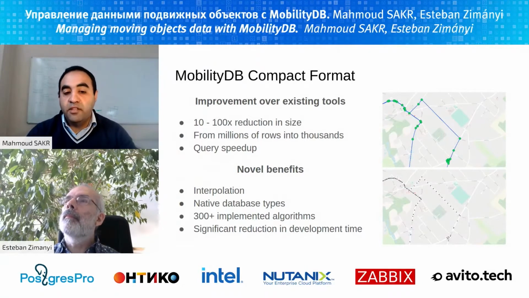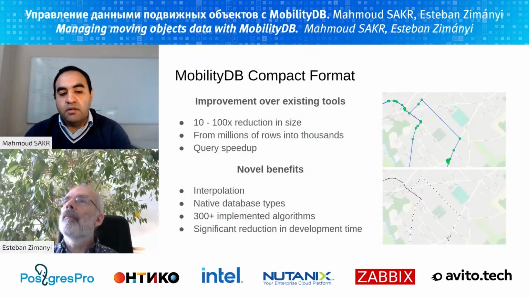You also have the interpolation. So now you can query the location and the properties of the object, even at a time where there was no observation between 2 observations. Even if you don't have extra observations there, you can still query. And these types are provided in the database, so you use them in your create table statements.